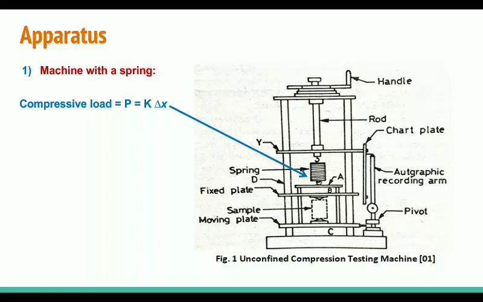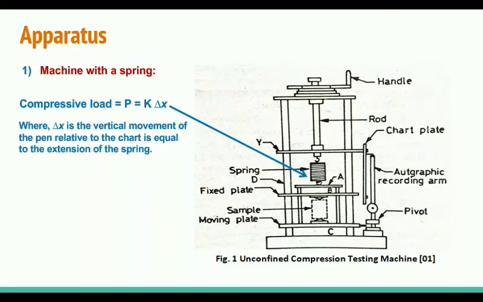Delta x we can measure, where delta x, the vertical movement of the pin relative to the chart, is equal to the extension of the spring. You have to understand two things. The chart plate is fixed with the yoke Y, and Y is fixed with the handle.